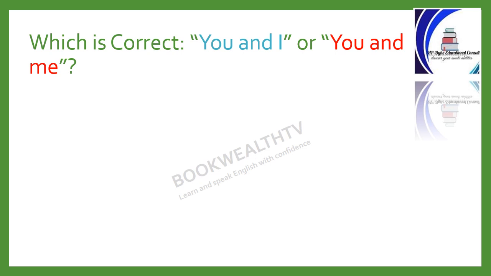Which is correct? You and I or you and me? Honestly, both expressions are correct. But it is good to note that while one expression is used as subject, the other is used as object. Can you guess which does what?